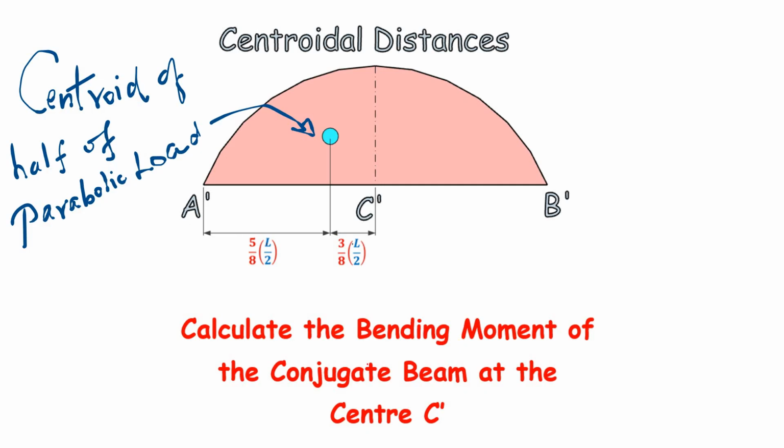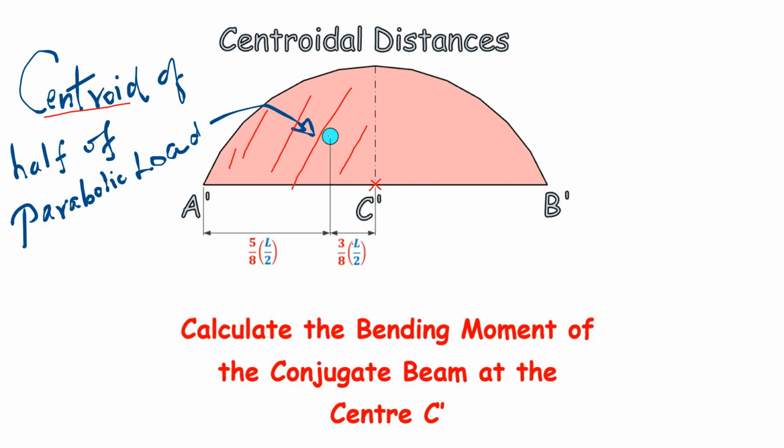Now proceeding further, here you go. We are concerned with the point C dash, so we will be considering only this loading, because we will multiply this RA dash by L by 2 minus half of the loading. You can see that the centroid of half of the parabolic load has to be considered to find the moment at the center for the simply supported conjugate beam.